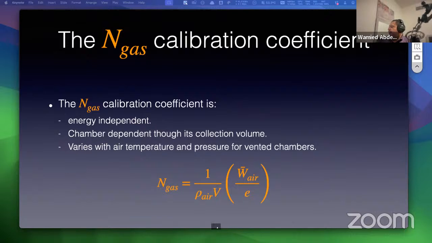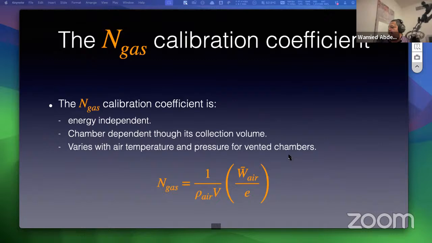This factor, obviously, is going to be chamber dependent because the collection volume varies, it depends on the chamber design. And this factor, as I mentioned, is going to vary with air temperature and pressure for vented chambers.